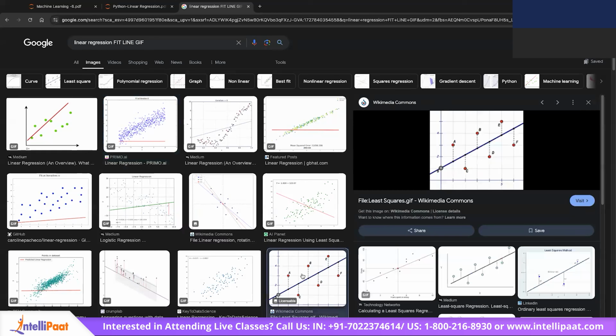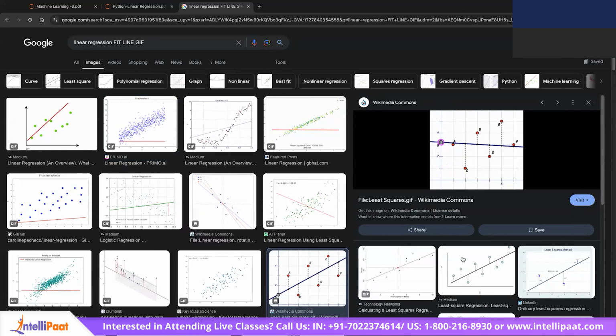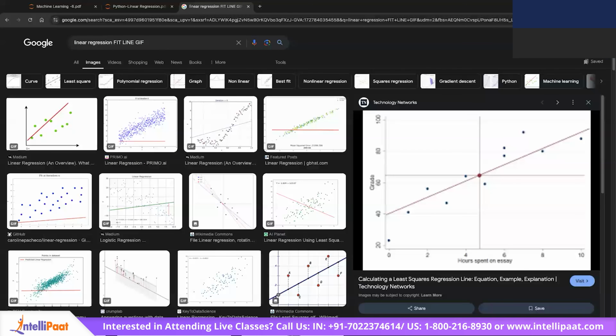Did you see what happened? I'm going to rotate the line. Are the errors increasing and decreasing because of the rotation? Have a look at this also. This is the best fit line. Do you see the mean of X and mean of Y?